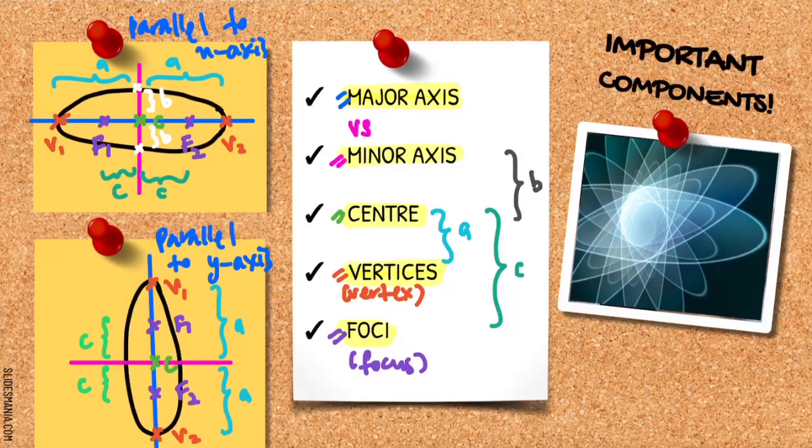The distance between center and the end of your minor axis is B. From the center towards the end of your minor axis, we name it B.